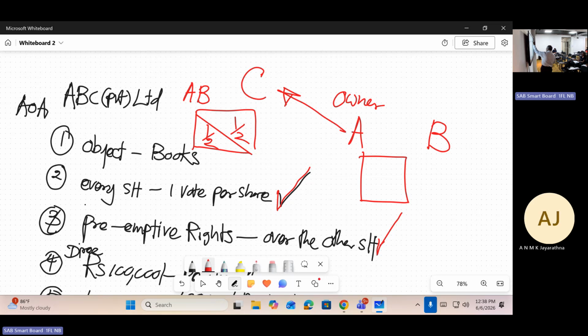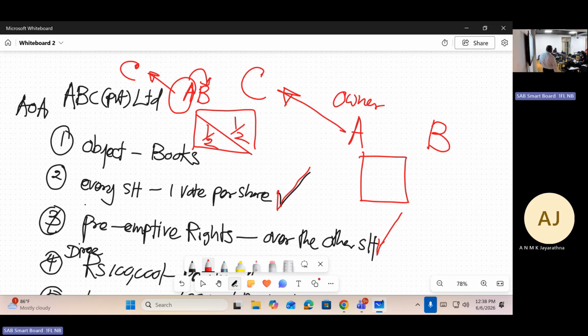Then if A wants to sell his undivided share, the first choice is to be given to the existing co-owners. If they refuse to purchase the undivided share, then they can sell it to an outside party. Again, we can recognize this preemptive right.